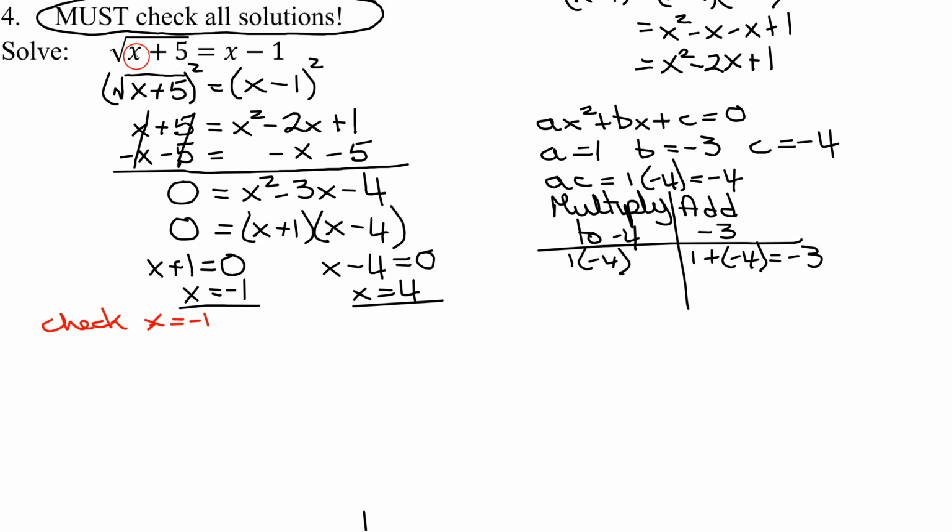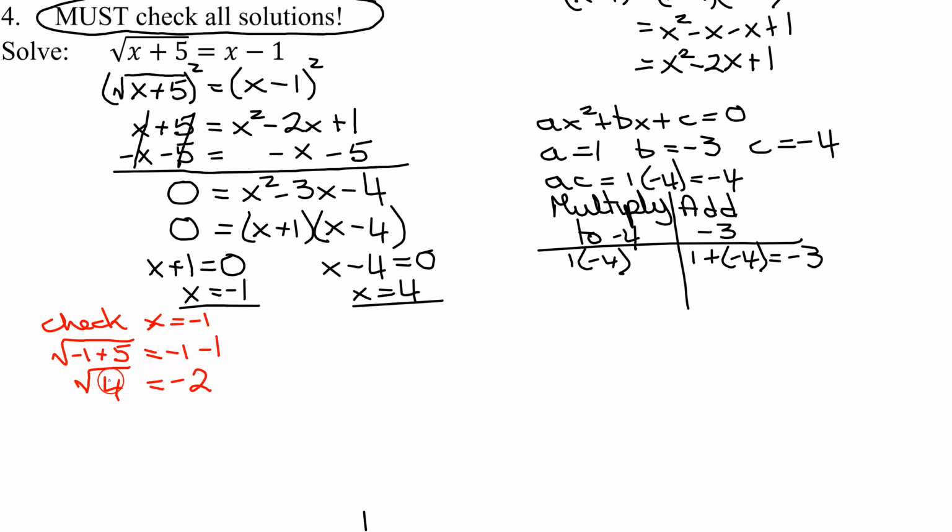That means I'm going to put a negative 1 here and here. So I have the square root of negative 1 plus 5 should equal x, negative 1 minus 1. So I have the square root of negative 1 plus 5 is 4 should equal negative 2.